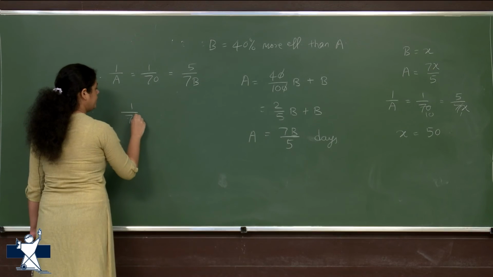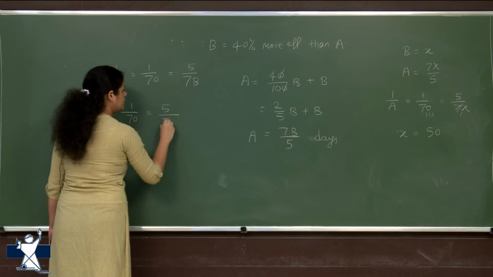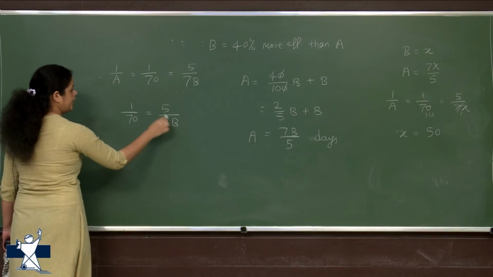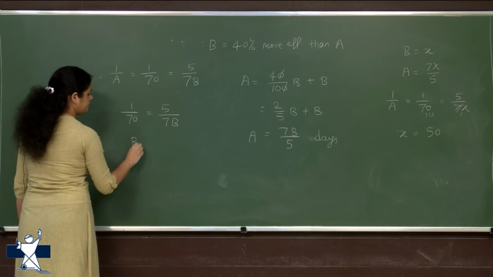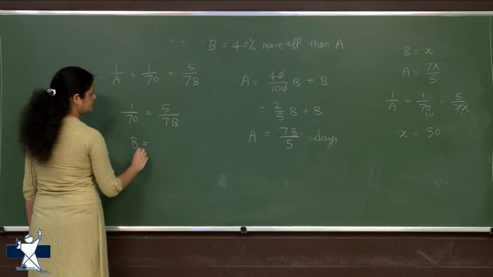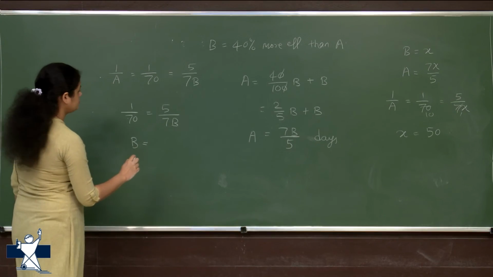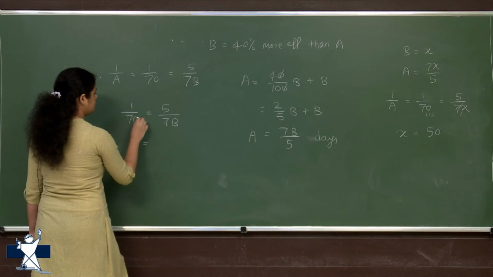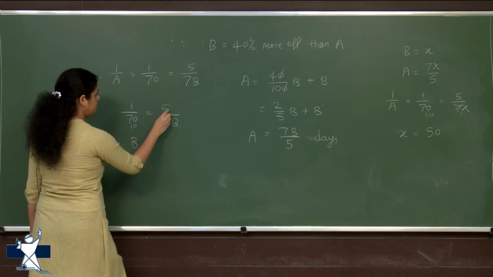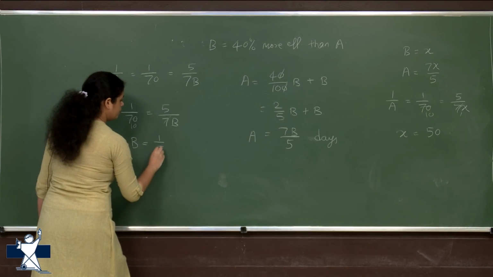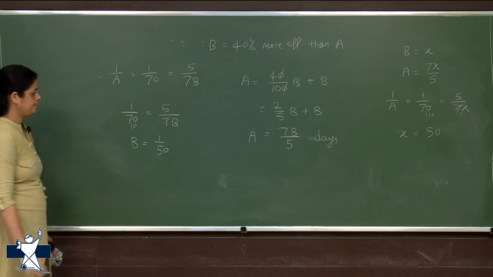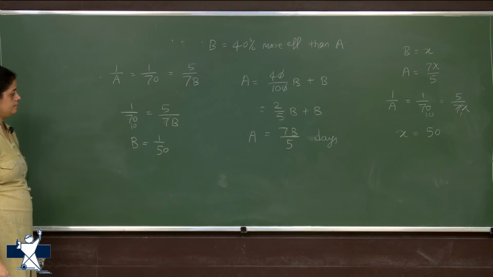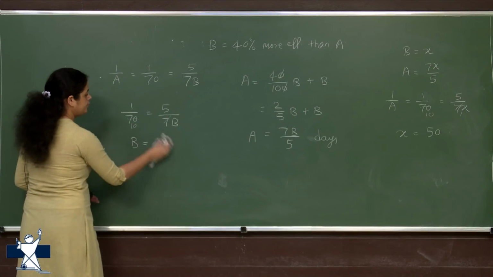So 1/70, and we want to find the value of B. So take B here. ये 7, 10 आएगा यहाँ, 5 into 10, 50. So 1/50 we will get. Or directly we can get 50.